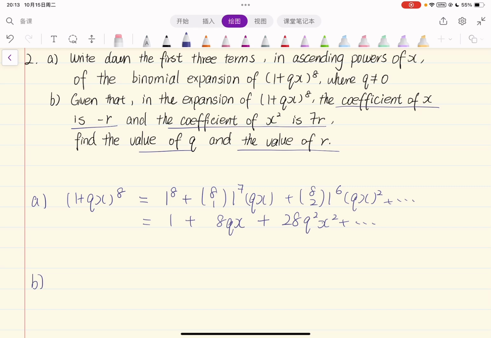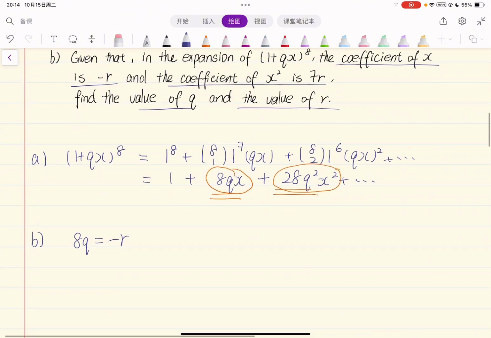From part A, we can see the coefficient of x is 8q. So we write down that 8q equals minus r. And for the coefficient of x squared in part A, we have 28q^2 times x^2, so the coefficient of that is 28q^2.